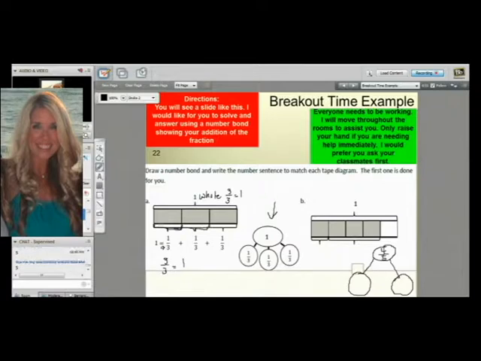Cameron, how many equal parts does Miss Brister have for B? You have 5 equal parts. That's right. How many are highlighted, Cameron? 4 is highlighted and 1's not. Okay, you guys, so that's where I got my total from, is 4/5.